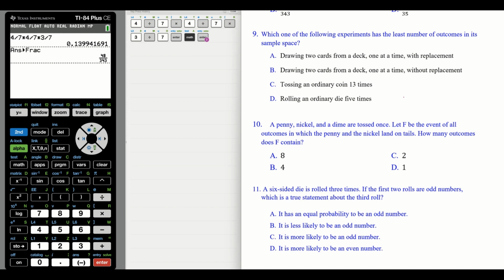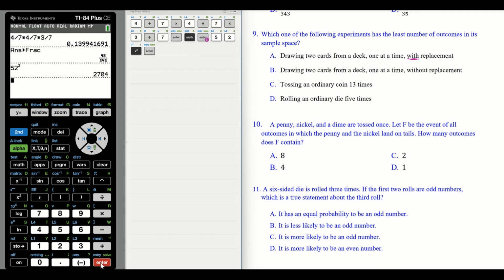A. Drawing 2 cards from a deck one at a time with replacing. There are 52 cards in a deck, so that will be 52 squared. Enter. That's 2,704.